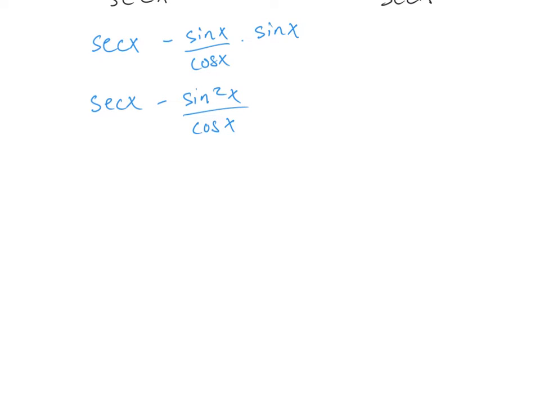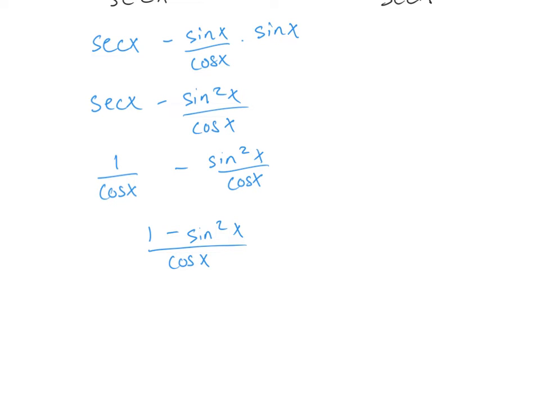So here, secant of x is also 1 over cosine of x, right? And this is minus sine squared of x over cosine of x. I can then merge those two functions together. So this is 1 minus sine squared of x all over cosine of x.